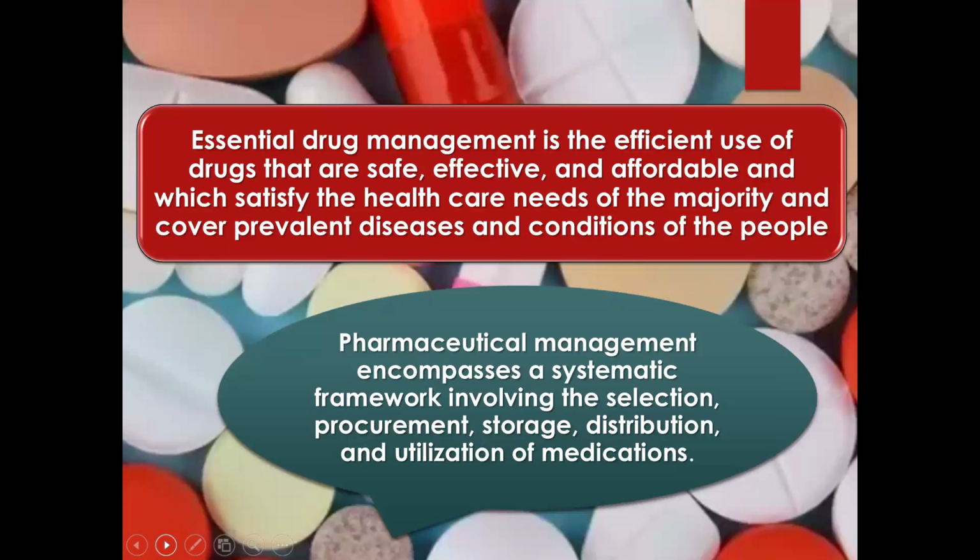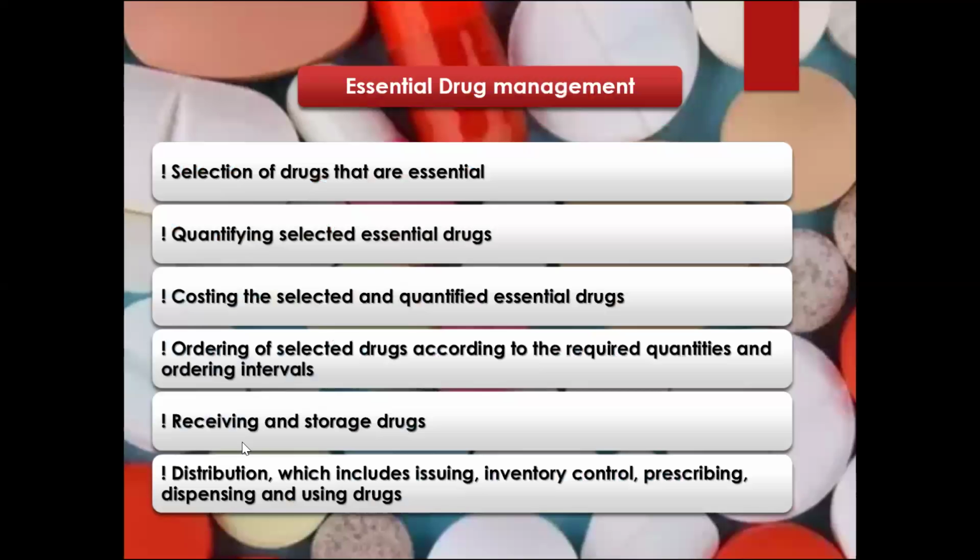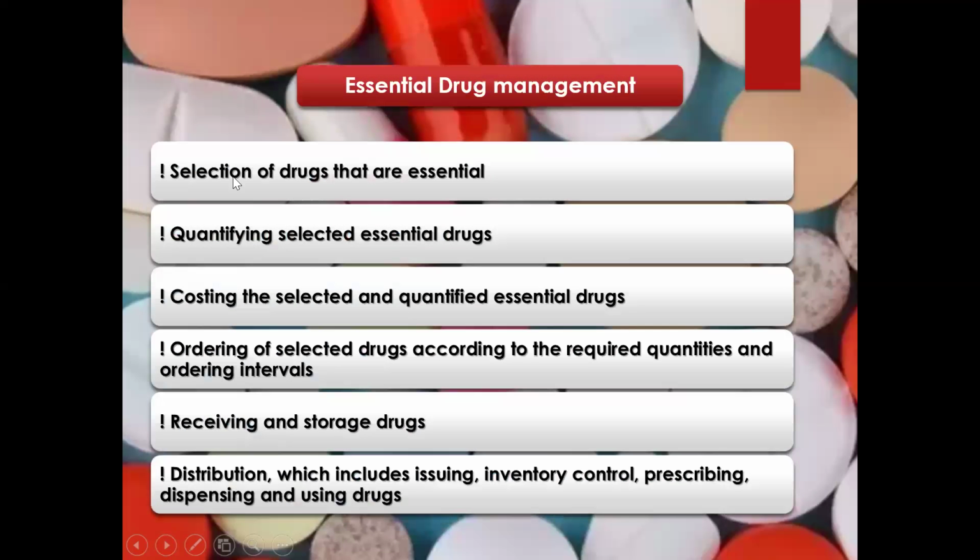So all of the above make up essential drug management. So see: selection of drugs that are essential, quantifying selected essential drugs, costing the selected and quantified essential drugs, ordering of selected drugs according to the required quantities and ordering interval.